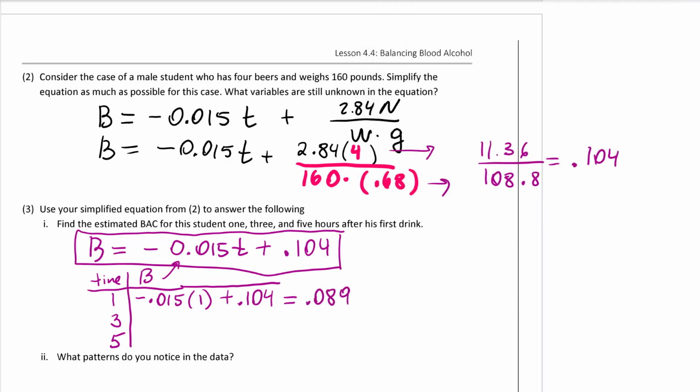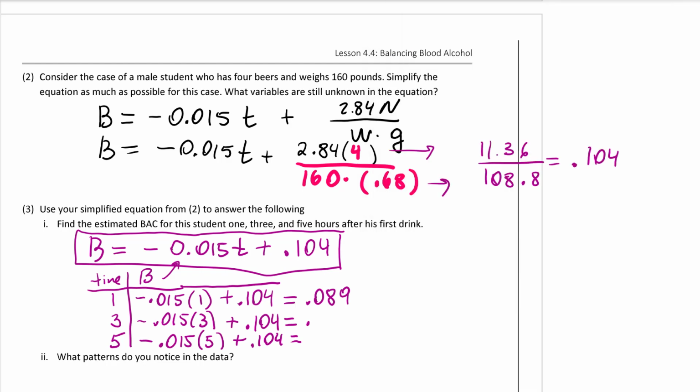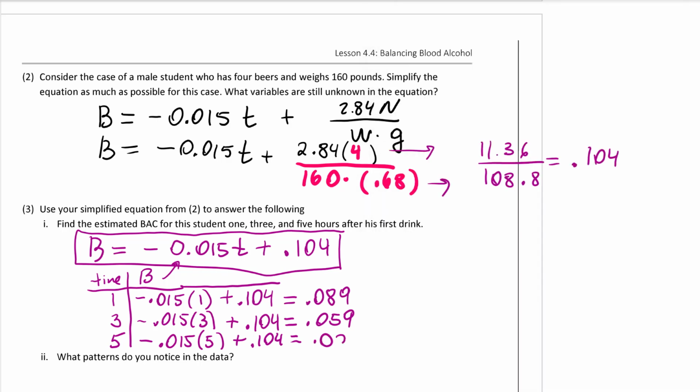Now I'm going to give you a moment to substitute the other two. Go ahead. All right, let's review. If you substitute 3, you get 0.059. And if you substitute 5, you get 0.029.